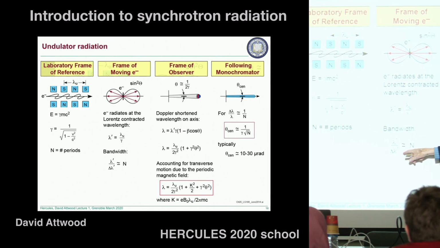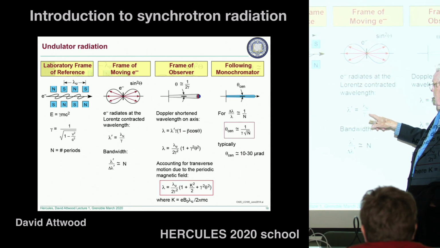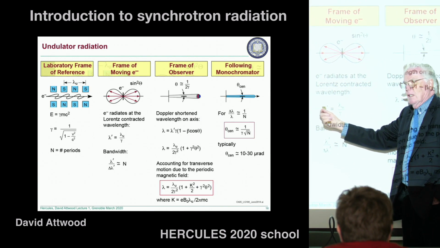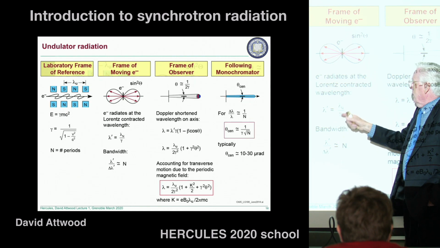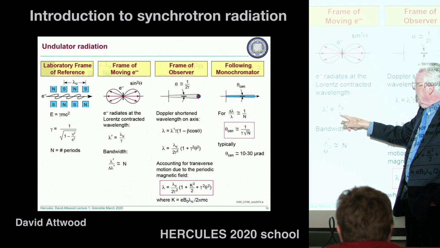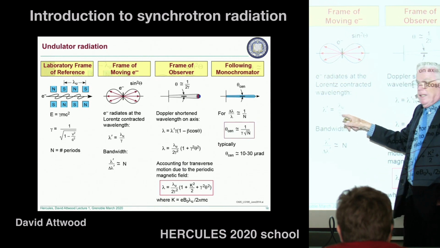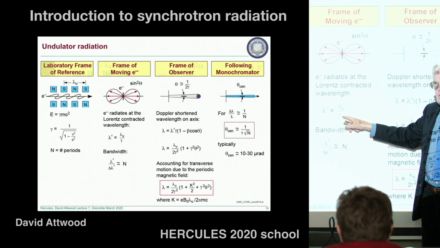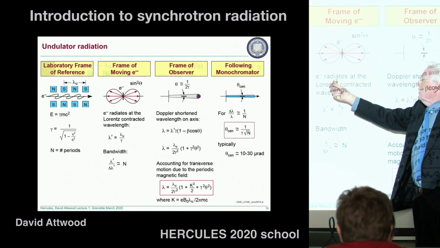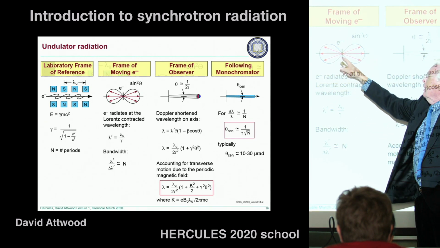This is the contraction. In the frame of reference of the electron, it appears that the length, the frequency that it's oscillating at, is this lambda u divided by gamma. So that's a big change. Remember, this gamma is very high. So that's a Lorentz contraction into this frame.